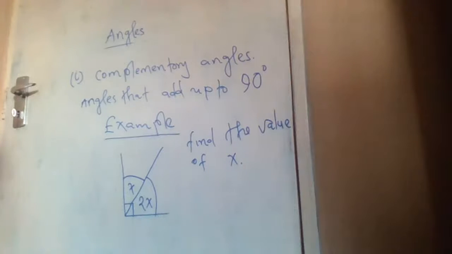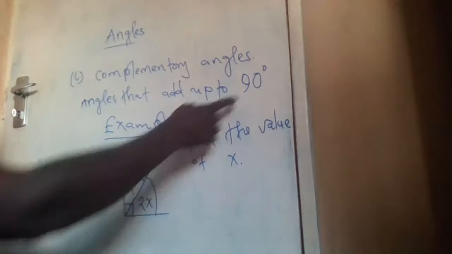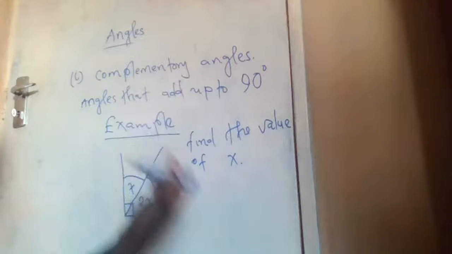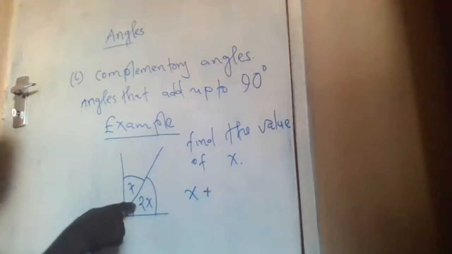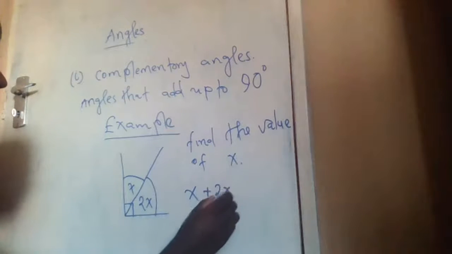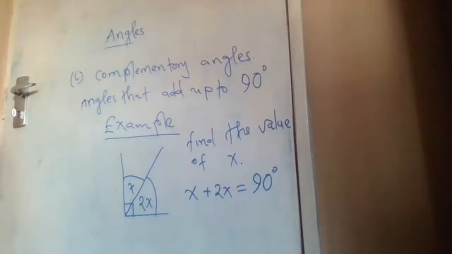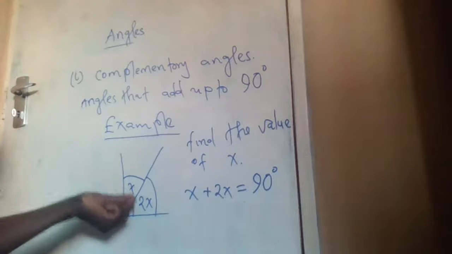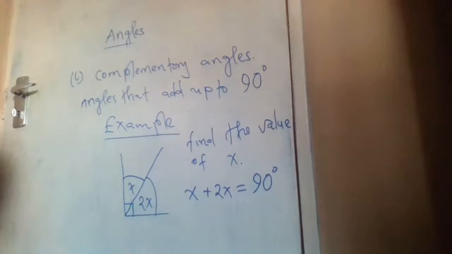Remember, the maximum value of this angle is 90 degrees because these are complementary angles. So we add these two, and then we equate to 90 because that's the maximum value. When there is x, we add another 2x. The sum or the total is supposed to be 90 degrees because these are complementary angles. So this angle plus that angle, when we add them, is supposed to give us 90.